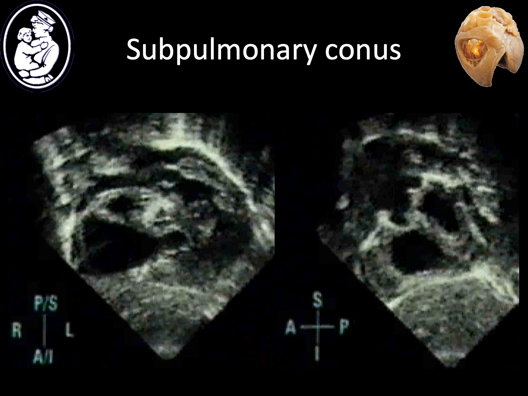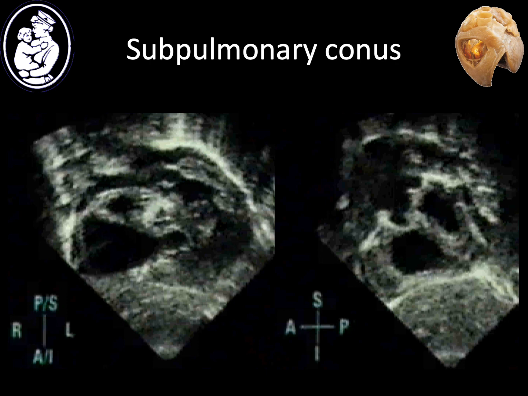Note also that the aorta is in fibrous continuity with the tricuspid valve. There's no subaortic conus in this patient. The aortic valve here is in fibrous continuity with the tricuspid valve.